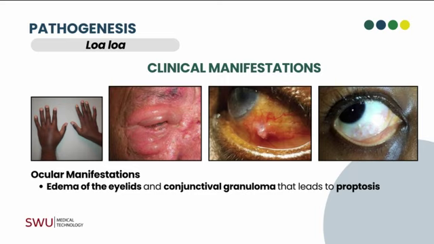How about for proptosis, or also called as exophthalmos? Kaning proptosis, it's a result of the severe complication of loiasis, in which the eyes are physically bulging forward out of the eye socket. So the reason for this is when the worms are able to reach the deeper orbital cavity, inflammation will occur there.